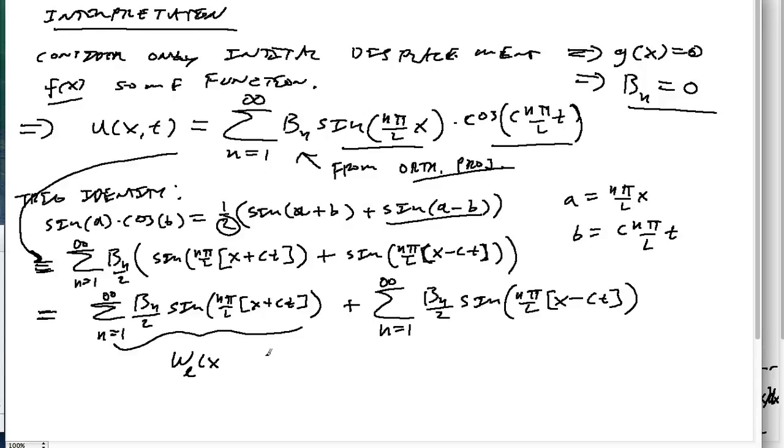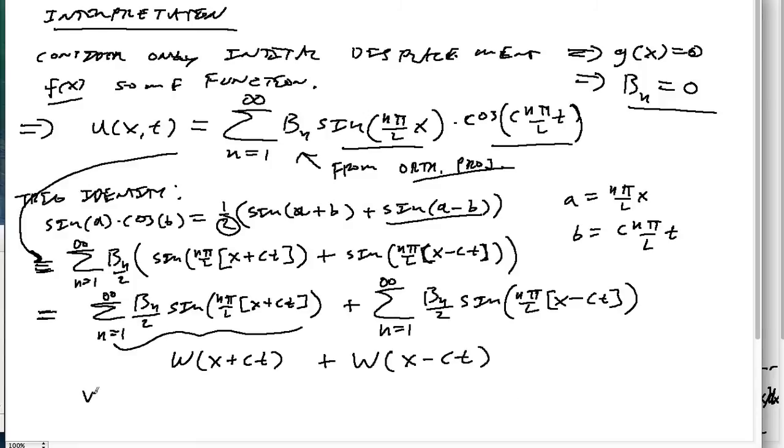Actually, I'm going to go a little further. I'm just going to call this w of x plus ct, and here I'm going to say that this is going to be plus w of x minus ct.